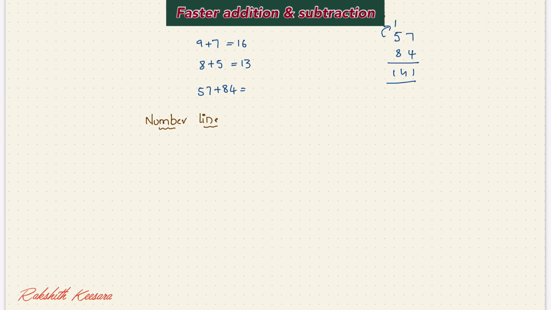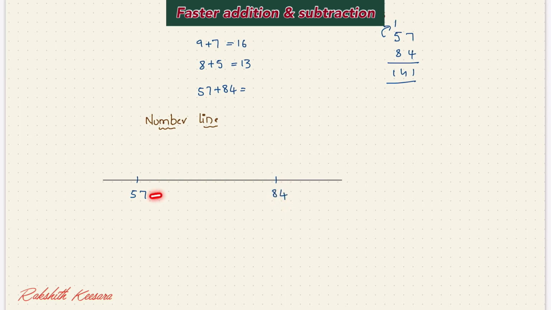What we do is, if this is a number line, 57 will be here and 84 will be here, right? So first what we need to do is, we should not add 84 directly. First we need to travel 4 units.